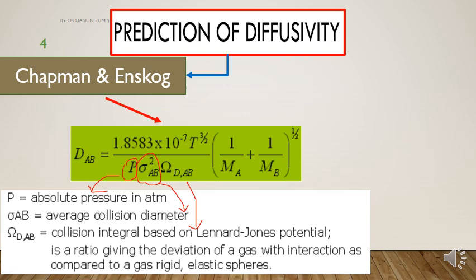I can say that these two things are quite complicated to determine. That's why I said that in the diploma level we just focus on the method of Fuller et al., which I will show you in the next slide. Oh yeah, before I forget, the MA and MB here represent the molecular weight of gas A and gas B.